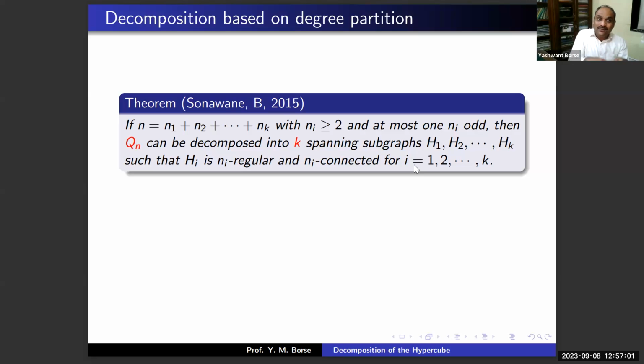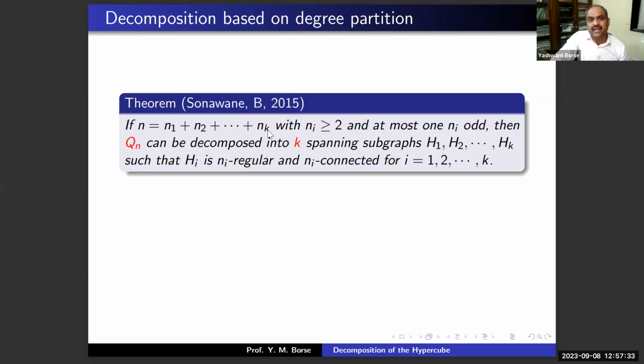We are decomposing Qn as per the degree partition here. But something we are losing: these Hi may not be isomorphic, definitely, because these ni's are not the same. Further, we are getting only ni-regular, ni-connected. I'm not saying Hi is bipancyclic. We are losing bipancyclicity here. However, when k is 2, we have proved that Hi is bipancyclic also.